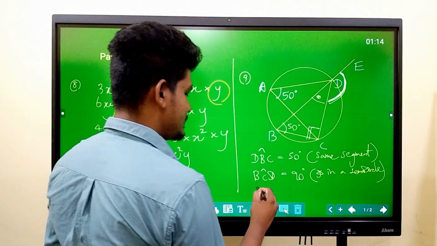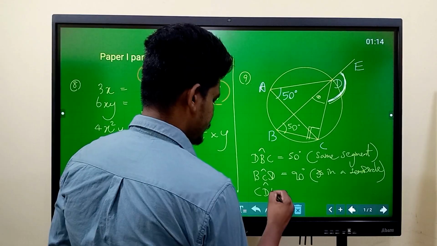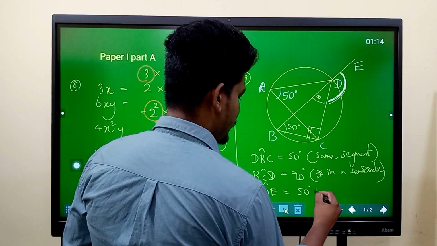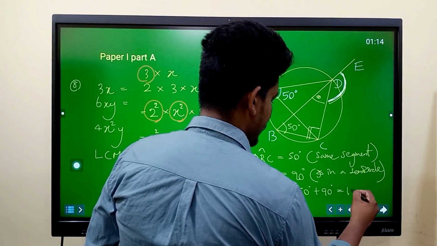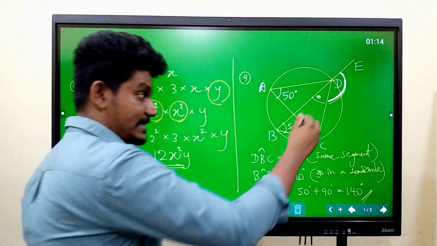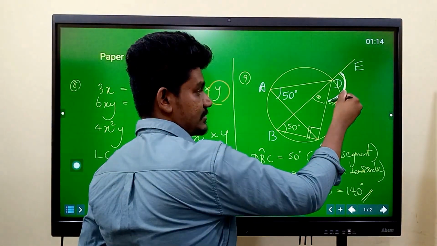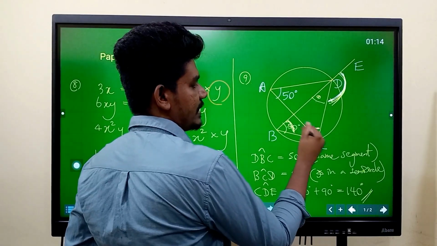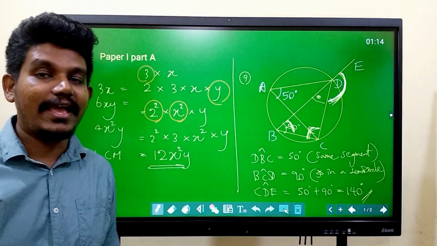Now, how are we going to get CDE straight away? CDE is the sum of the two interior opposite angles. It will be 140 degrees, right? This is the exterior angle. Exterior angle equals the sum of the interior opposite angles.